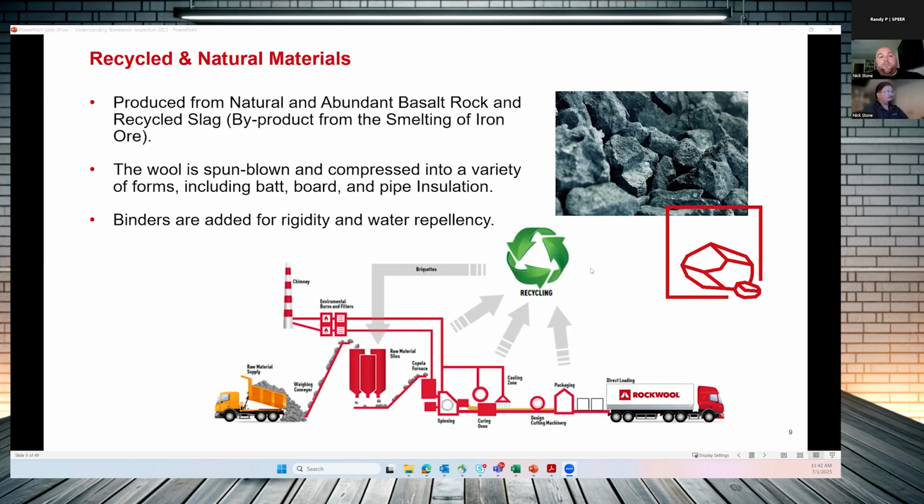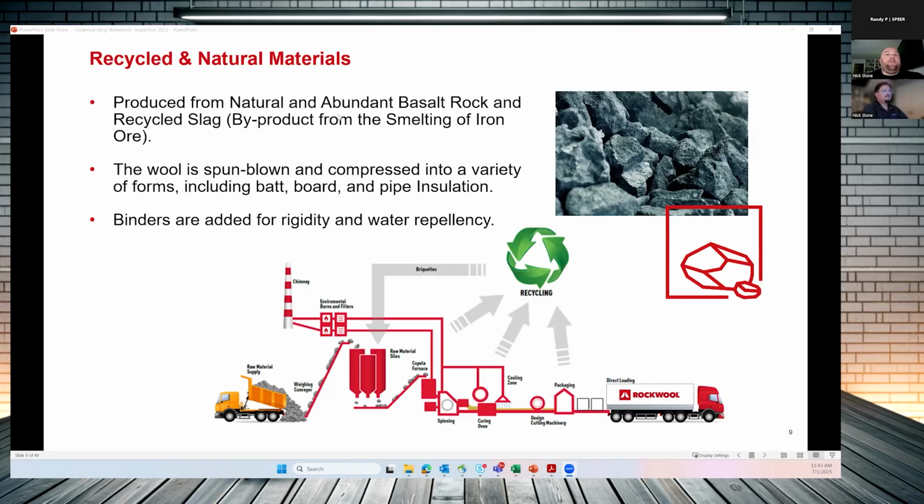Yeah, it's a binder, not a petroleum binder. So that mineral binder is what's going to give it its great water resistant capabilities, but still allows it to be fire resistant. Essentially, no matter whether you're board or you're a bat product, it's the same exact materials compressed to different densities for different applications. One thing I just want to point out real quick, basalt is quickly becoming our biggest amount of product within our material itself.